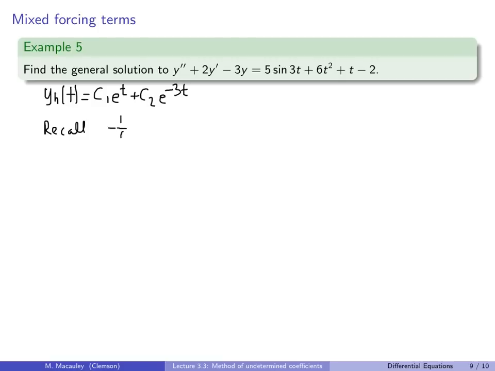this function, negative 1/6 cosine of 3t minus 1/3 sine of 3t.